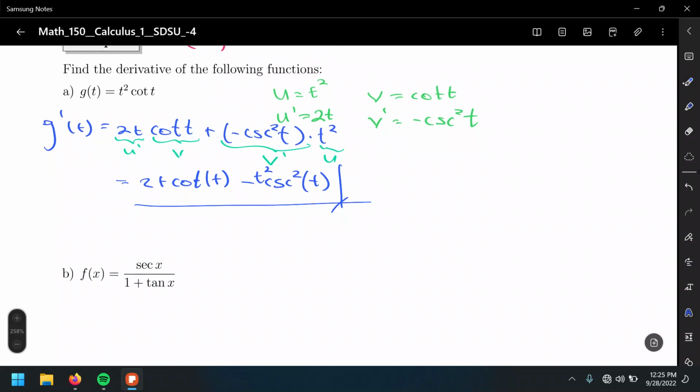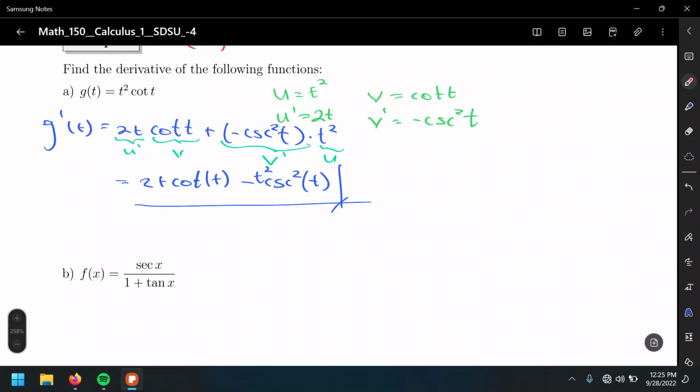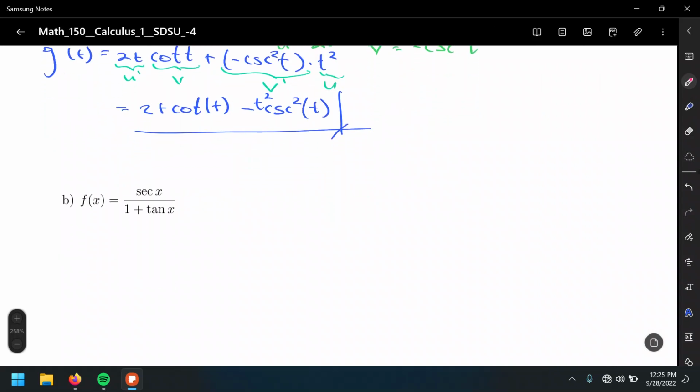Let's do letter B. Notice for letter B, well, what do we have? In the first place, any ideas of which differentiation rule to use on letter B? Quotient rule, and that's because we have a quotient between two functions. And let's write it down. (u over v) prime is u prime v minus v prime u, the whole thing divided by v squared, the denominator squared.